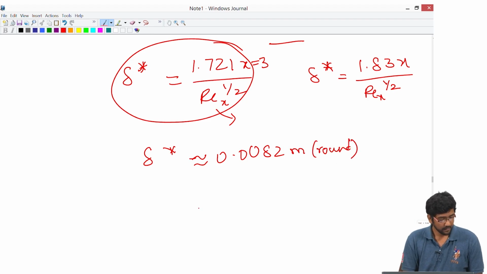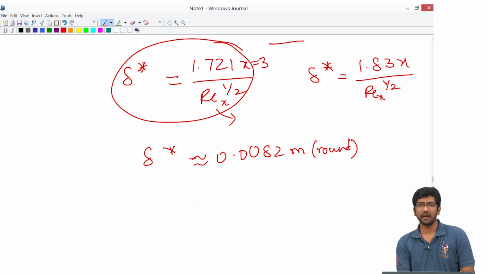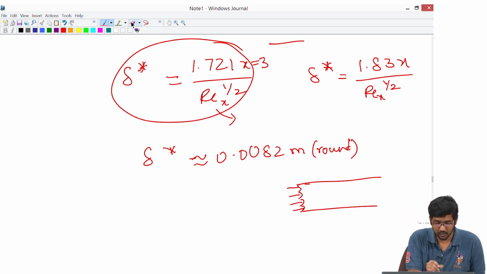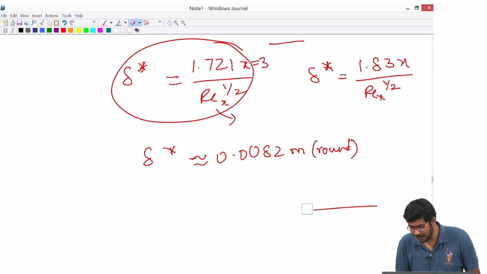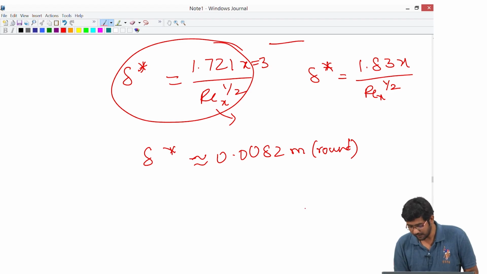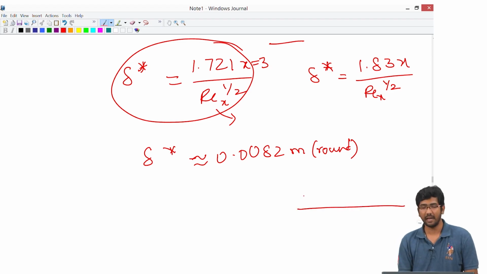Now we need to impose the continuity equation. Let us look at the geometry again. We have a fluid entering. Even before that, let us look at what displacement thickness is and how we can use it to impose the continuity equation. Suppose you have a flat plate and the fluid is entering.